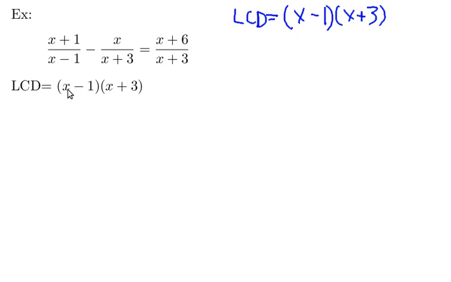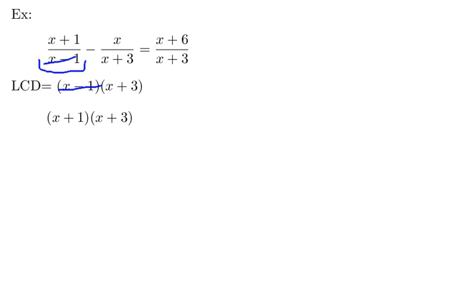But when you multiply this right here by this, what you'll see is that this will cancel with this, and you'll have just x plus 1 times x plus 3.